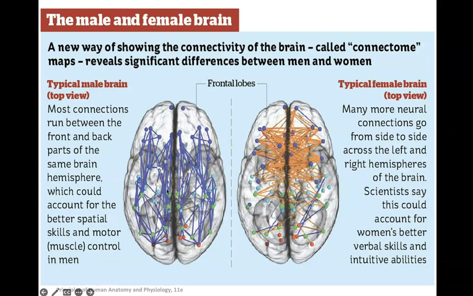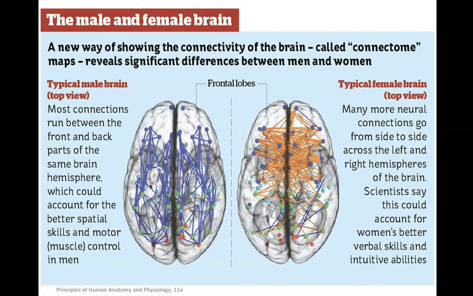And they did this using diffusion tensor imaging on an MRI that actually maps out the diffusion of water molecules as those neurons are firing and water is being used. So when we have that focus in just one hemisphere, the connections are running between the front and back of the same parts of that hemisphere.